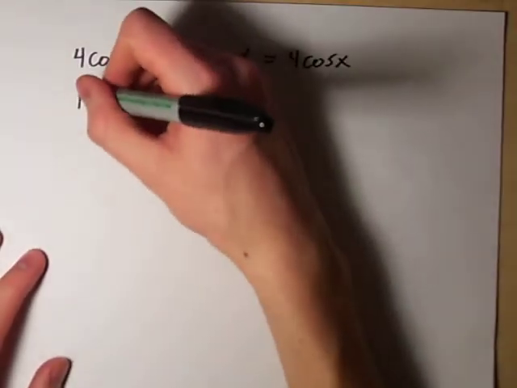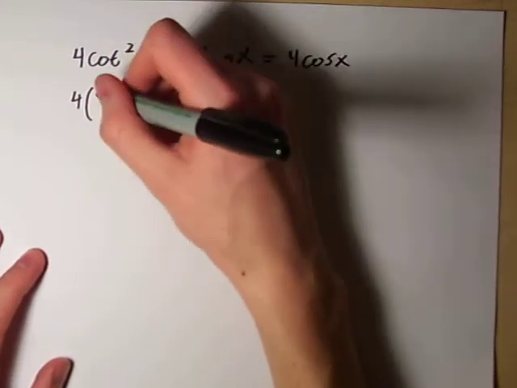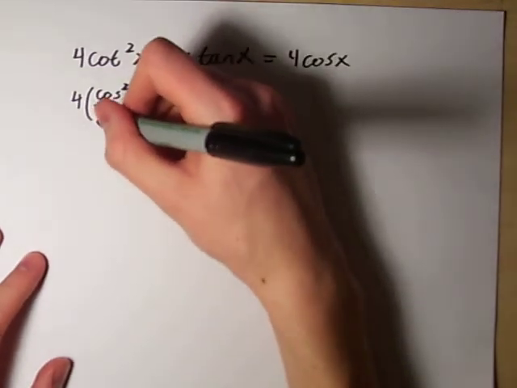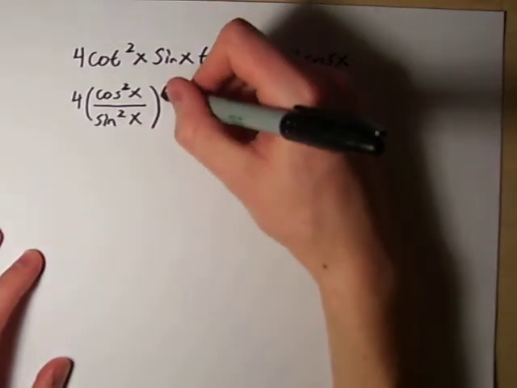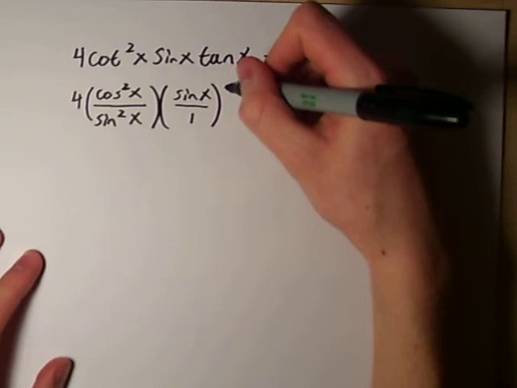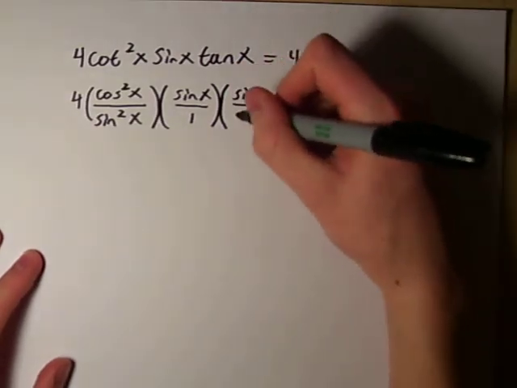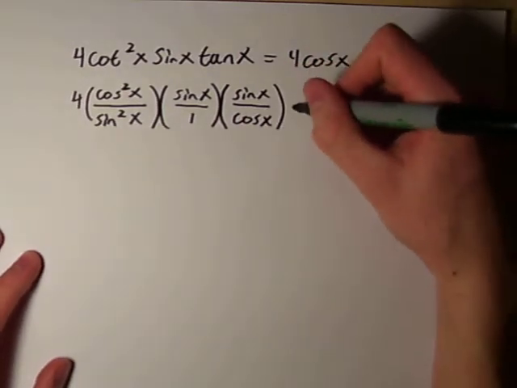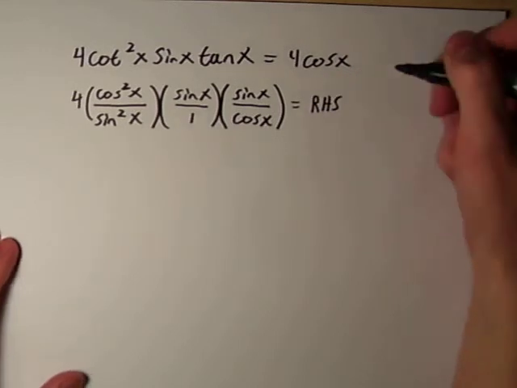So I'm going to say we have 4 multiplied by, this is cotangent, so it's cosine squared x divided by sine squared x, multiplied by sine x over 1, multiplied by sine x over cosine x, and that equals our right hand side.